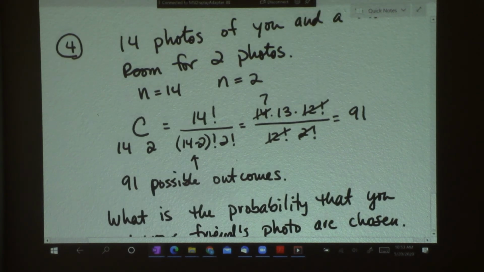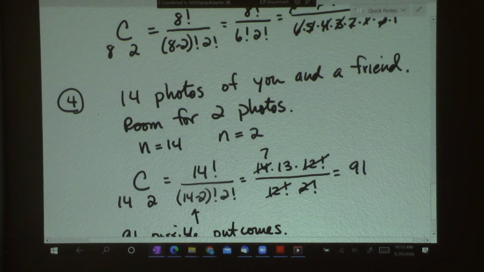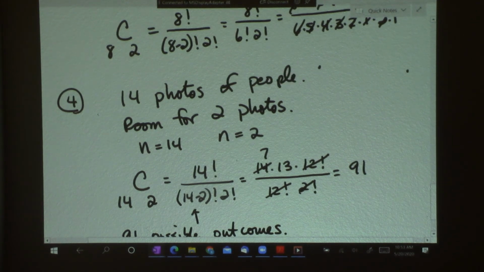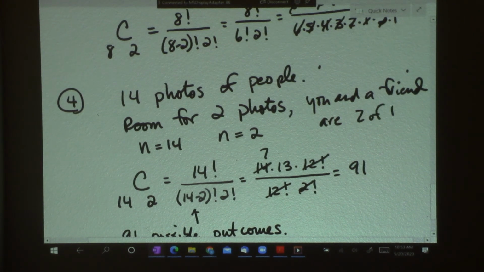Oh, I'm so sorry. I missed it. There's 14 photos. It's 14 photos of people, and 2 of them are you and your friend. You and a friend are 2 of them. I think that was a little unclear.